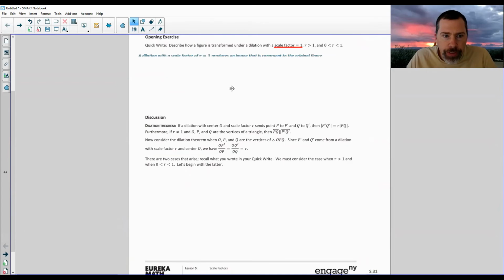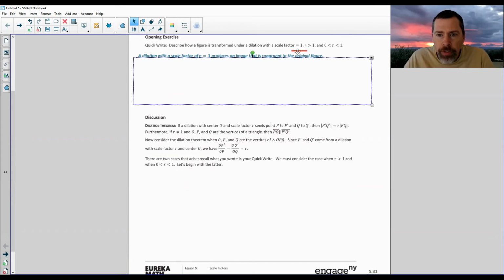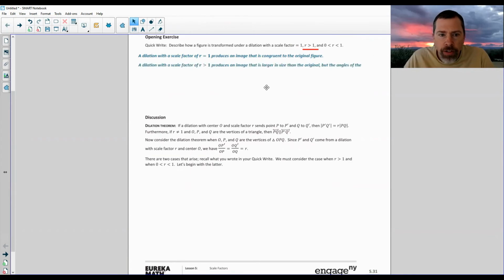Well, here's what it is. A dilation with a scale factor of r equals 1 produces an image that is congruent to the original figure. Same size. Okay, so now what happens if we have a scale factor where r is greater than 1?